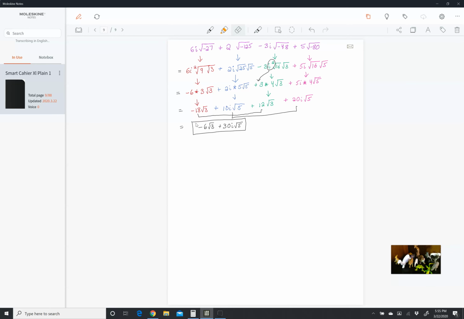So before we do that, I want to define a complex number. A complex number is written in the form a plus bi. It has a real part and an imaginary part.